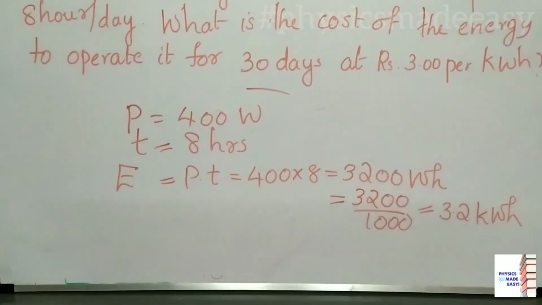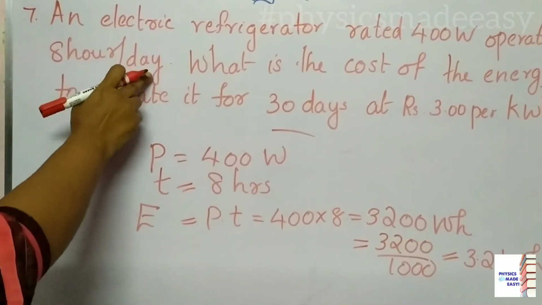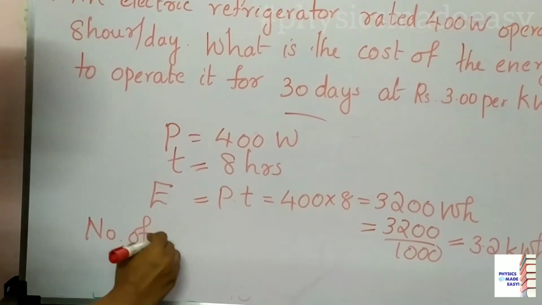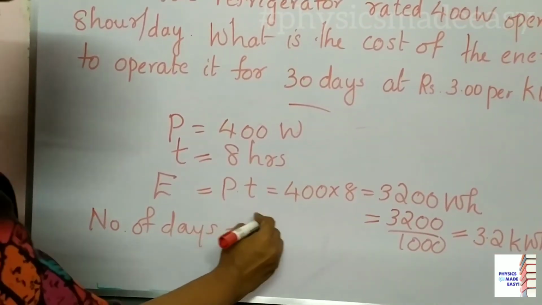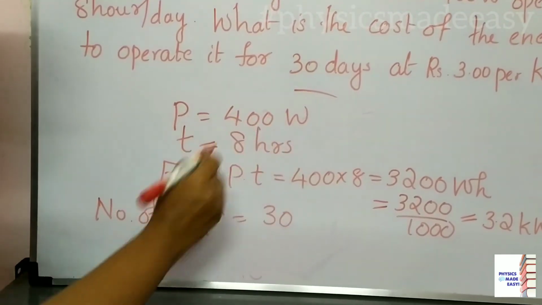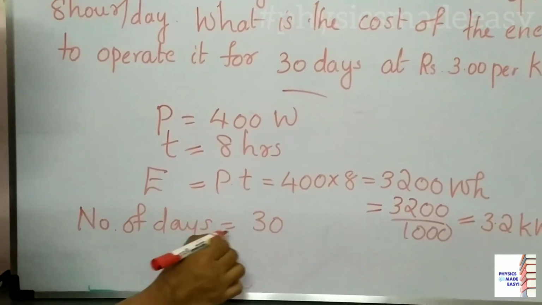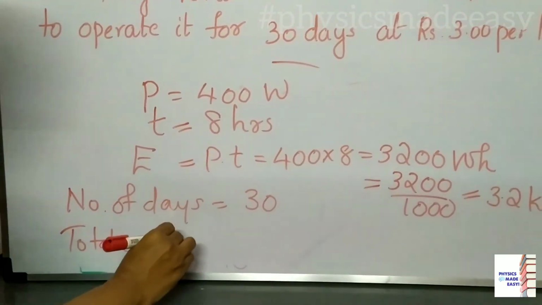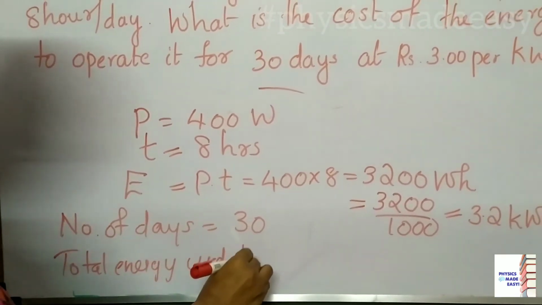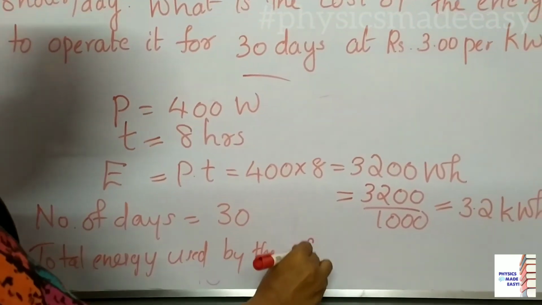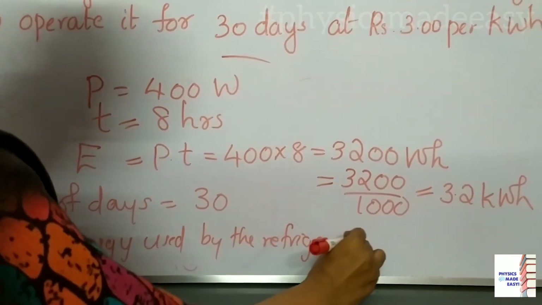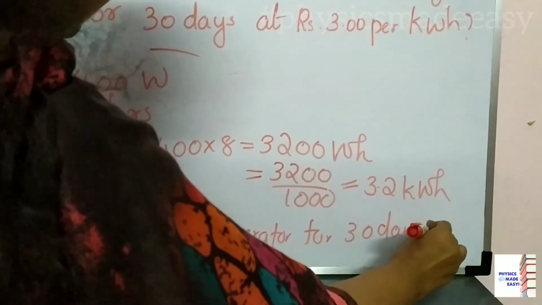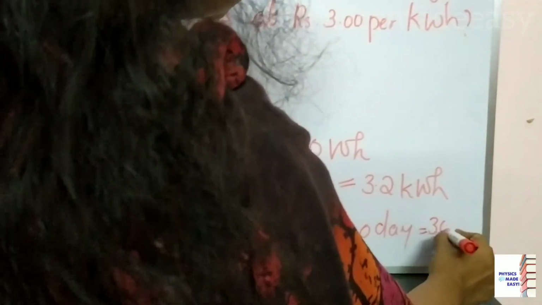Then that is used for 8 hours per day, but it is used for 30 days. So number of days is equal to 30. Then the total energy used by the refrigerator for 30 days, that is 30 into 3.2.